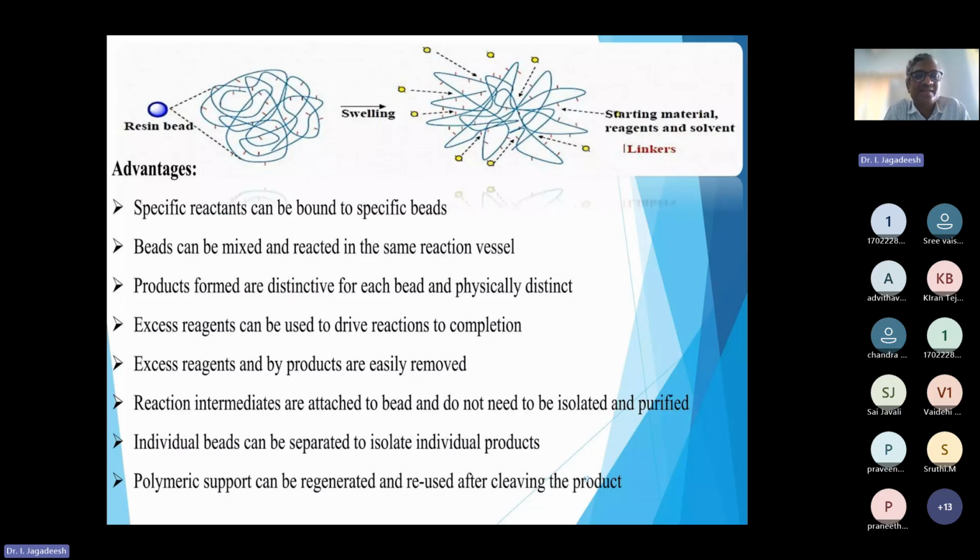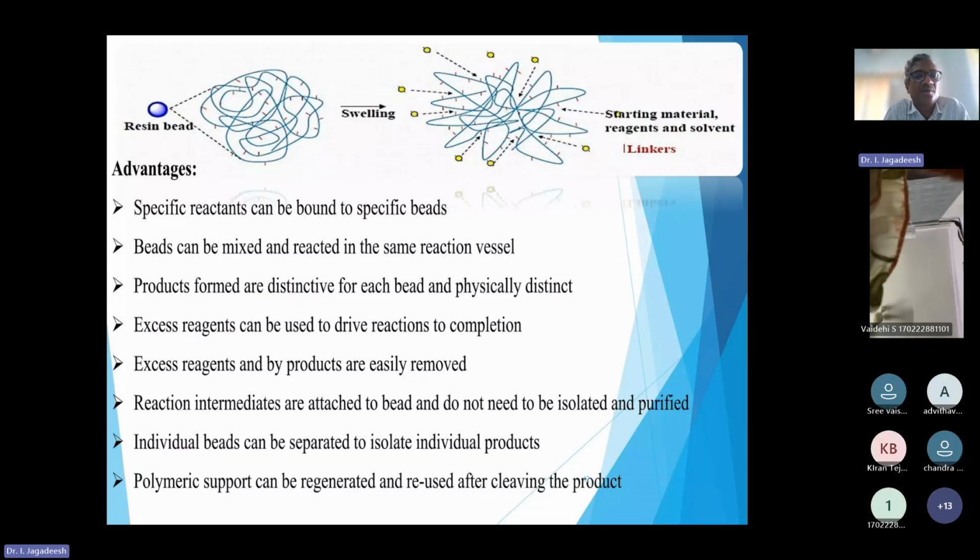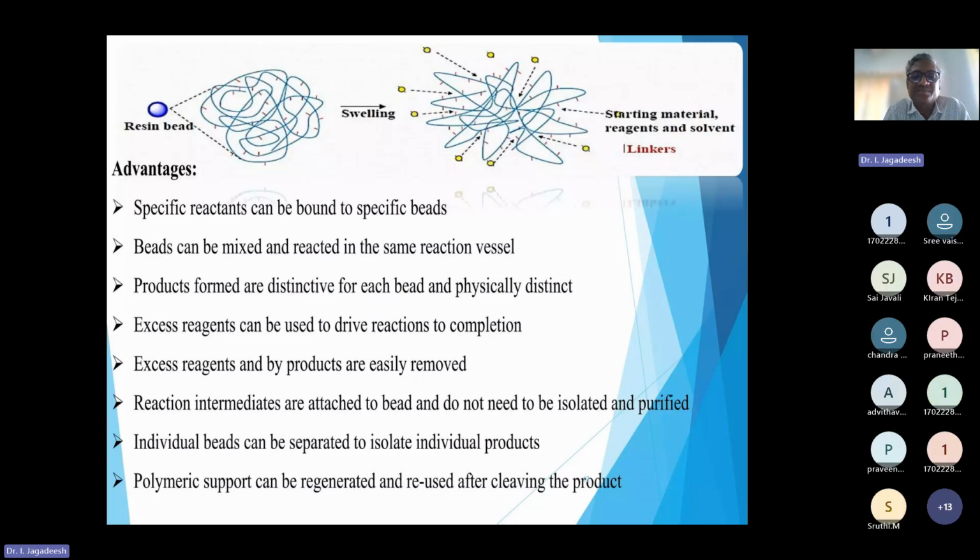Beads can also be mixed and reacted in the same vessel to get multiple mixtures of compounds. The products formed are distinct for each bead, physically distinct, and we can separate them based on size, or based on color coding or dye. Excess reagent can be used to drive the reaction to completion, and excess reagent and byproducts are easily removed because we can filter them, since the bead is naturally macro in size.